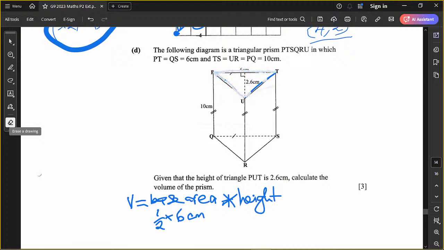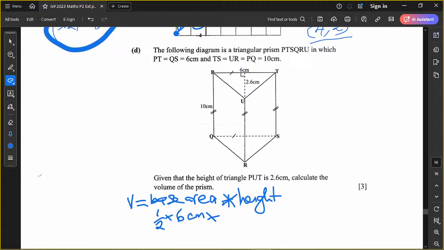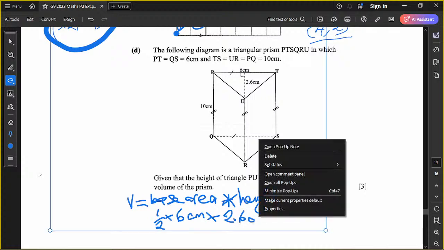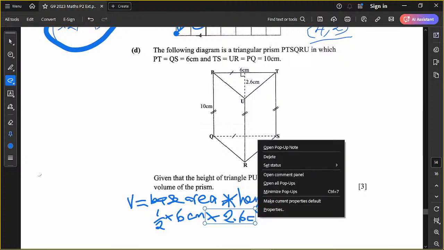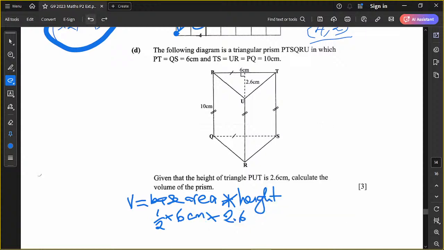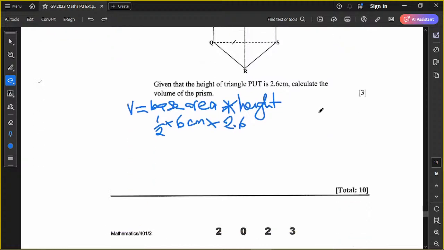Let me label it so that not only I will make sure, but you also see it for yourself. Okay, then we say times the height, which is 2.6 centimeter, which is 2.6 centimeter, then times the height.